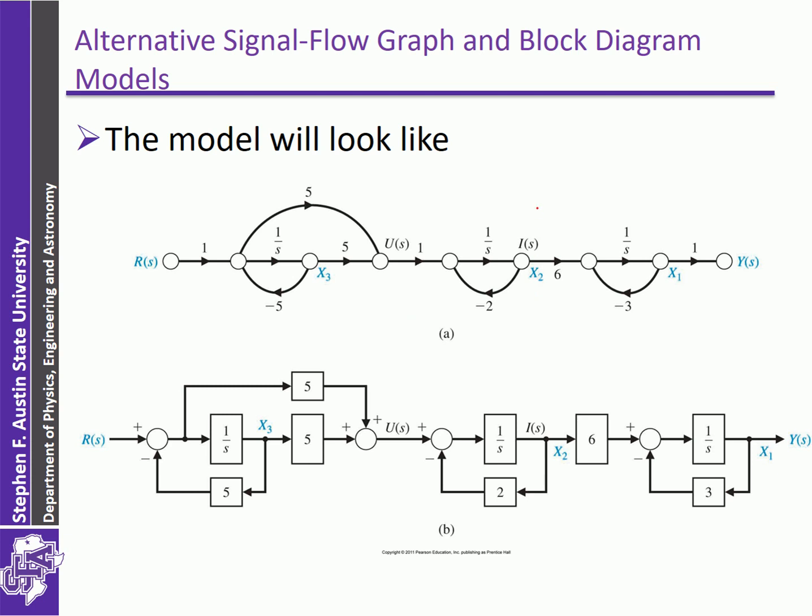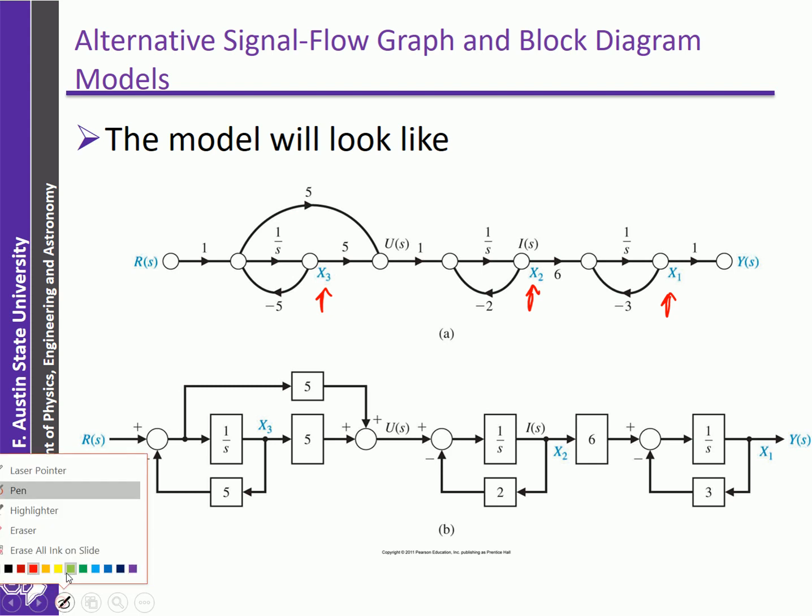So in this specific case, the author decided to make x2 equal to i_s, x1 equal to y_s, and he decided to pick the next state variable as being x3. From here, if we want to know the value of x3, the only thing we need to do is work out the math to find the different things.